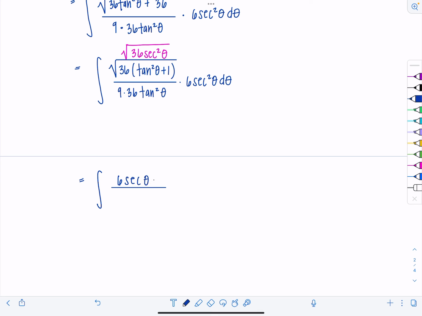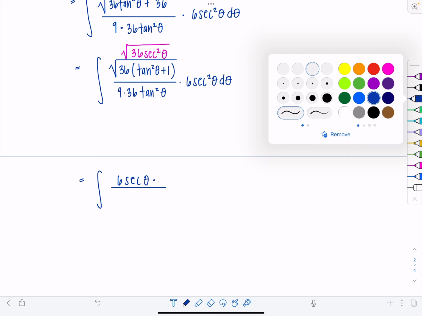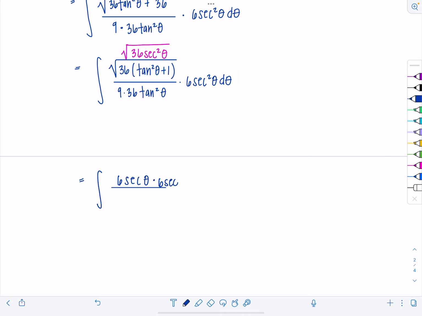And then remember, we've got over here another 6 secant squared theta. So I'll just put that together in the numerator with it. So 6 secant squared theta, that's all in the numerator. And then we've got 9 times 36 tan squared theta d theta. All right, let's cancel out 6 times 6 with the 36.